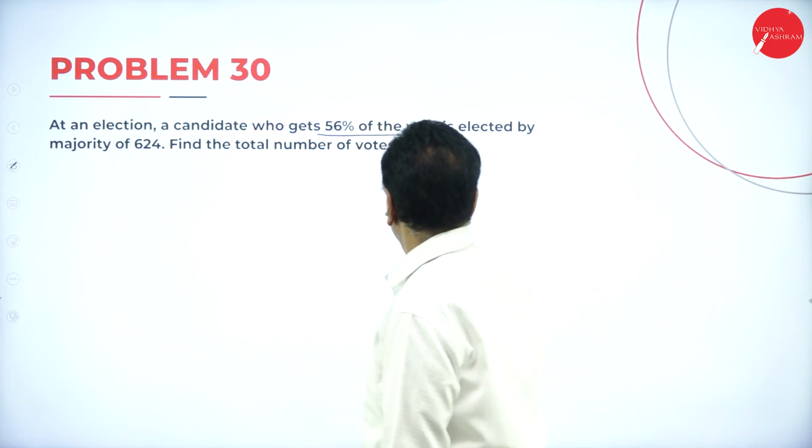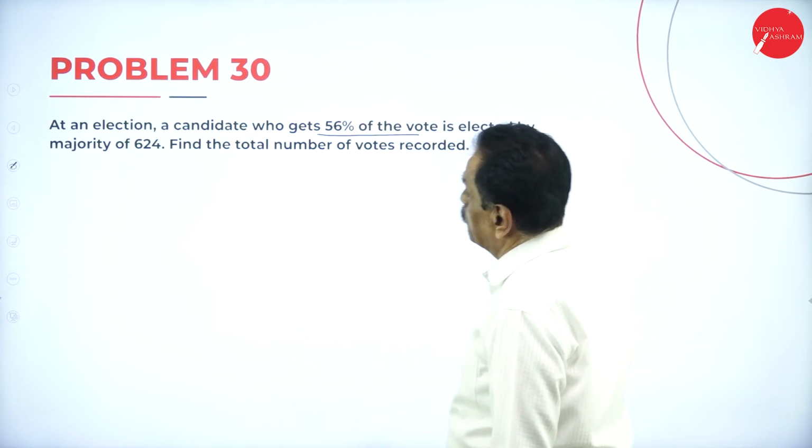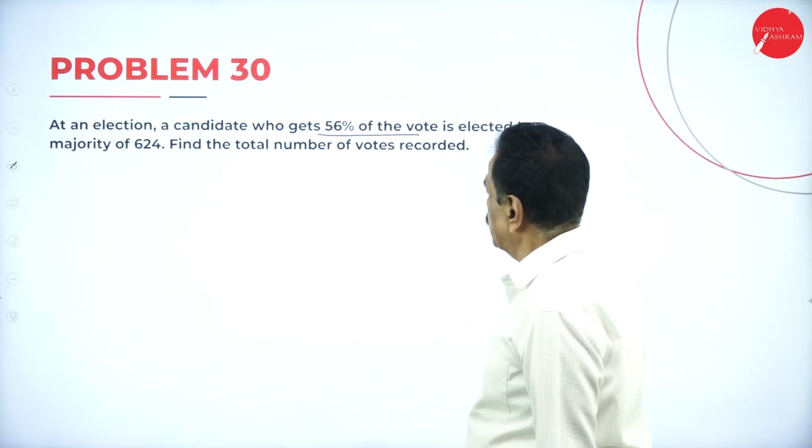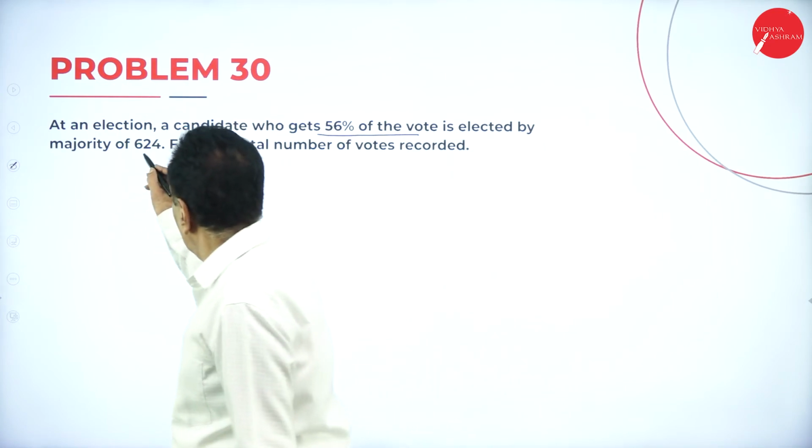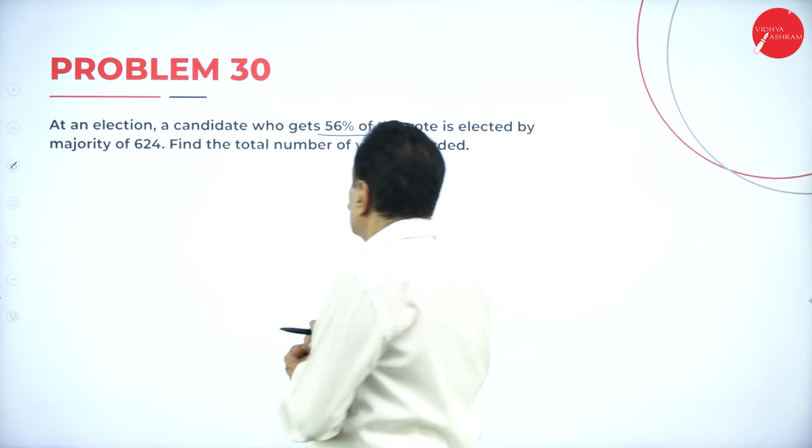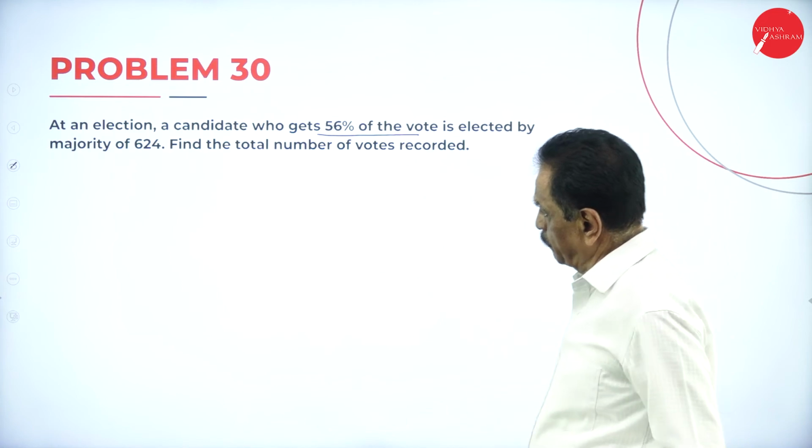In an election, a candidate who gets 56% of the vote is elected by a majority of 624. Find the total number of votes.